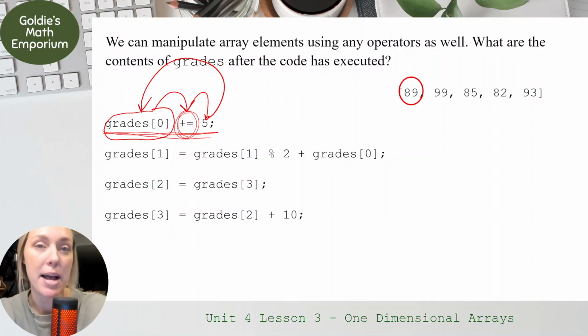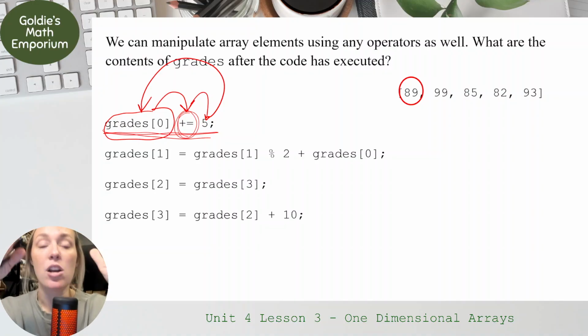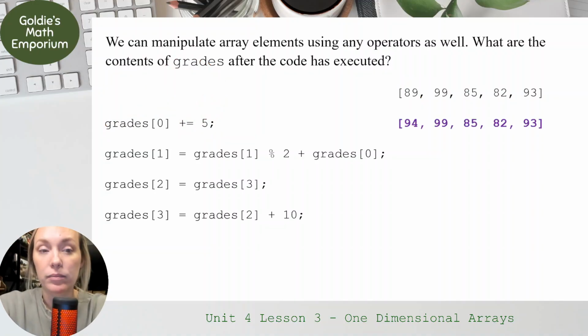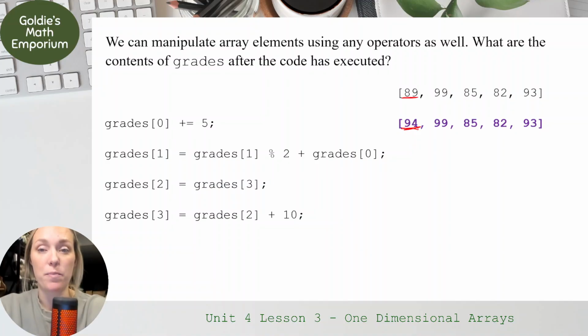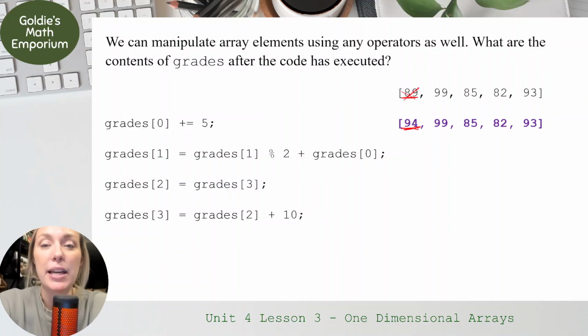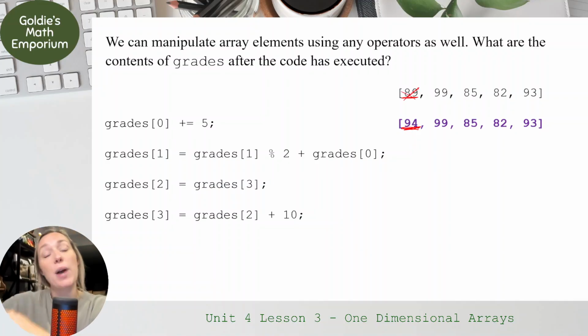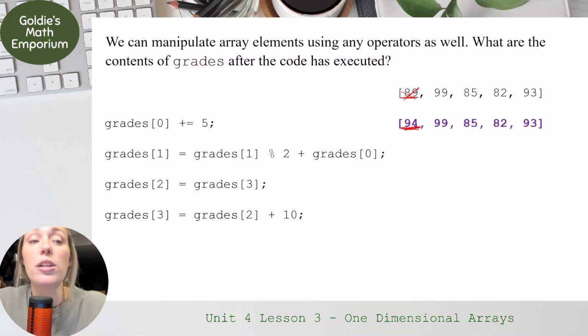That's what the compound operator means. So currently at index 0, we have 89. We're going to add 5 to it, which is 94, and then we're going to store that in grades[0]. So 89 gets replaced with a 94. The rest of the array stayed the same. Nothing else changed in that line, just grades[0].